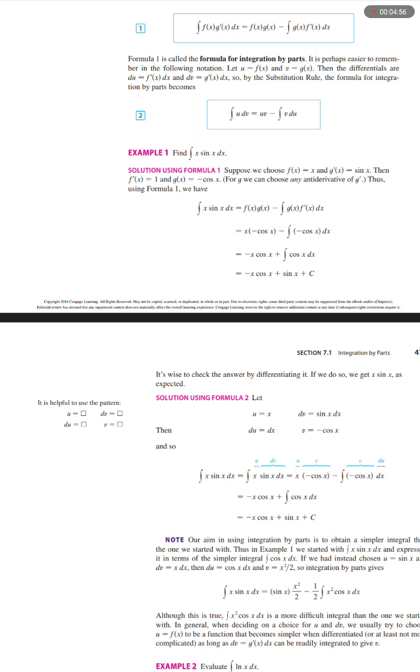If we do so, we get x sine x as expected.